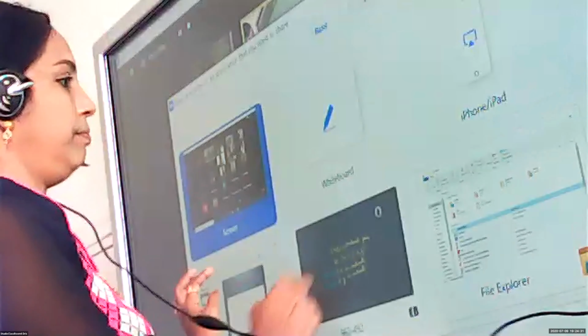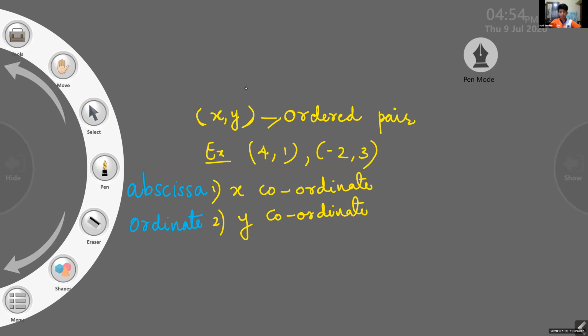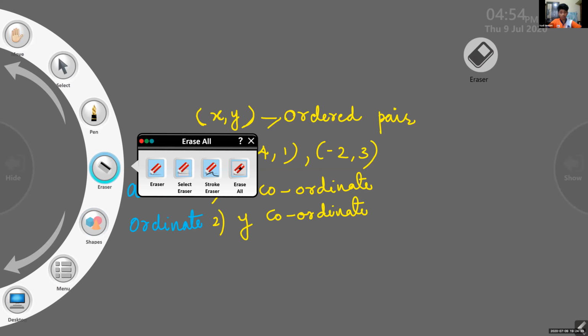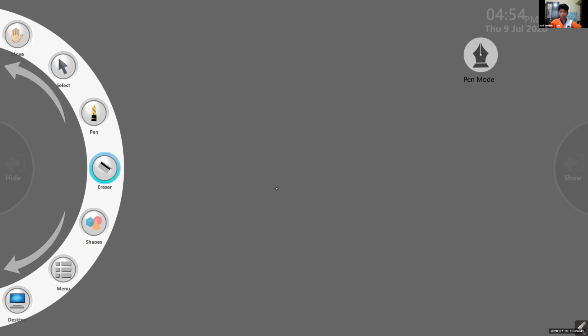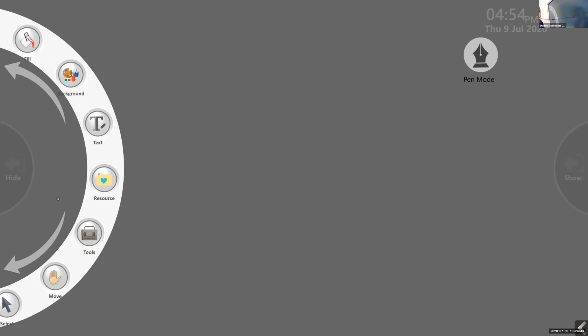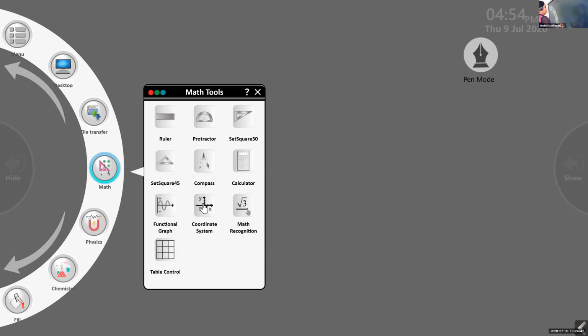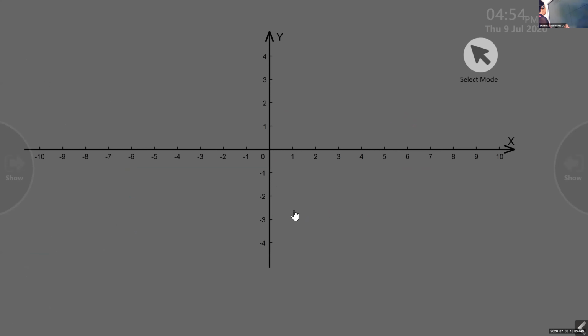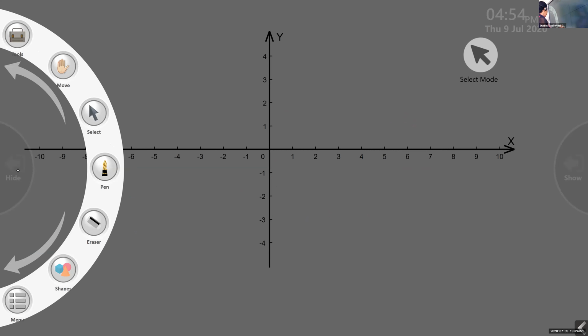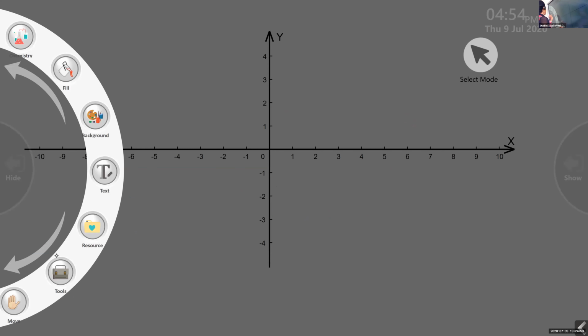Okay. I'll change the background so that it can be easily seen.